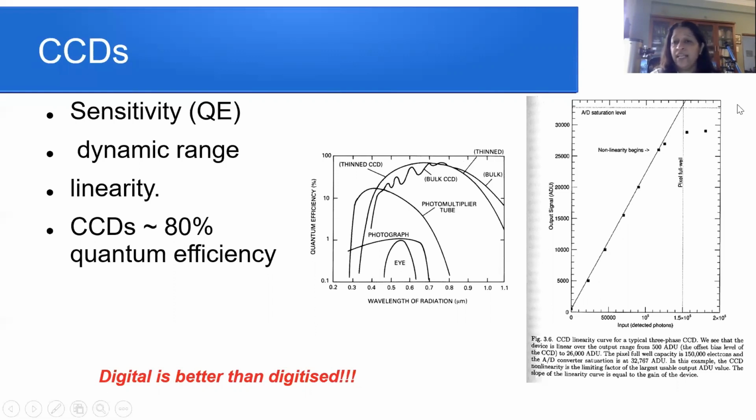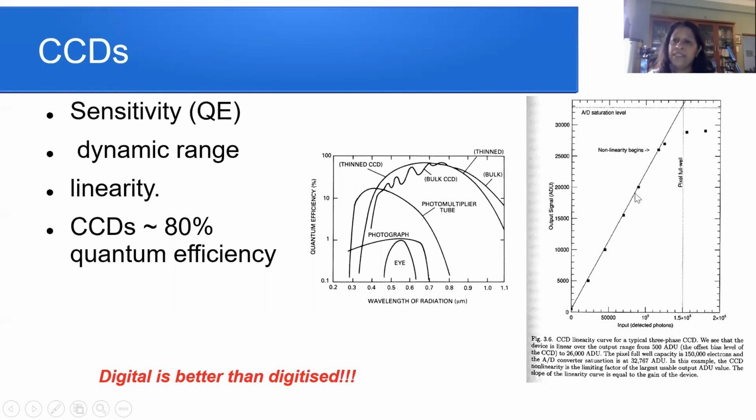You can see over here that after a certain stage, you can have something called non-linearity. That is, after some time, you could have your pixels saturating. Then even if you increase your exposure time or the input, the output does not increase proportionately. In this case, it would be very difficult for the observer to say how the number of output photons gives you the correct amount of input photons, because for the same amount of output photons, you have two different input photons.